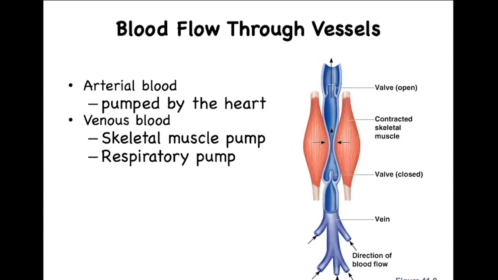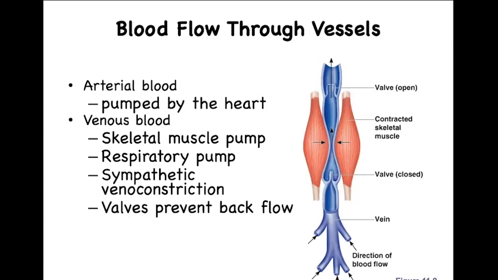We'll look at this later when we study the respiratory system, but this helps return the blood back to the heart. The third mechanism, sympathetic venoconstriction, increases the blood pressure within the veins. The last mechanism is the presence of valves in medium and large-sized veins to prevent the backflow of blood. The condition varicose veins is due to faulty valves.